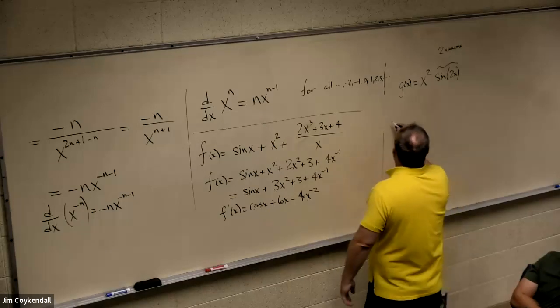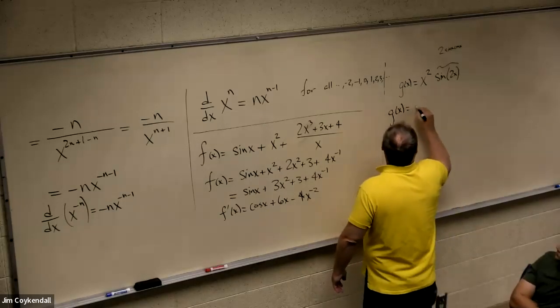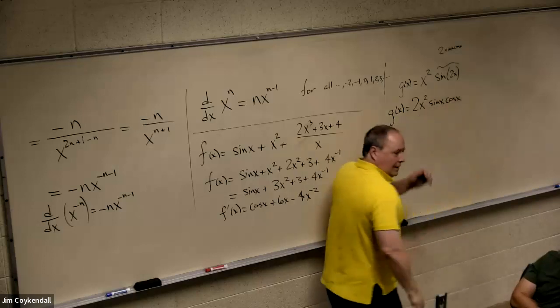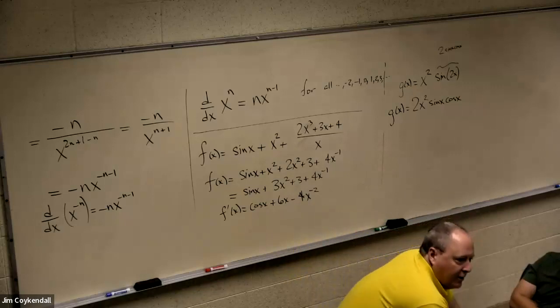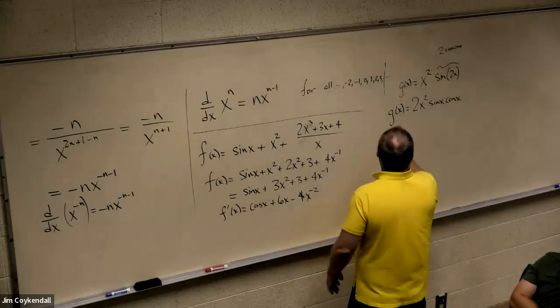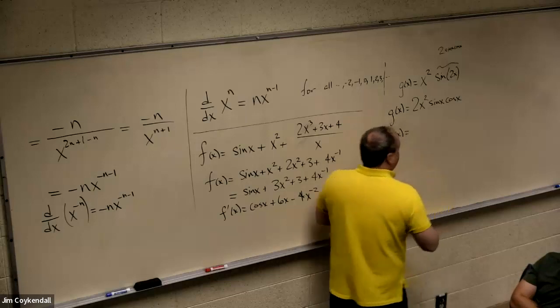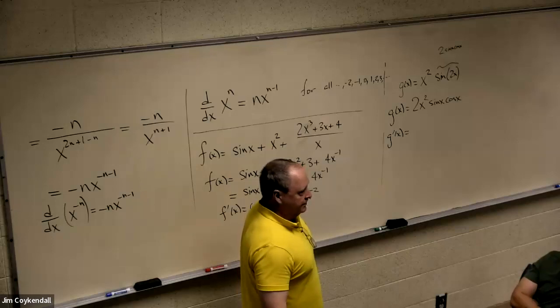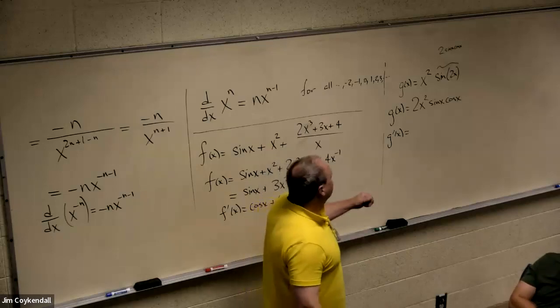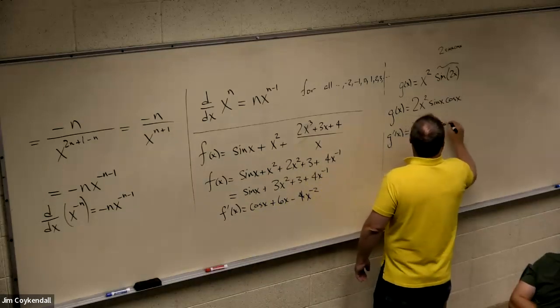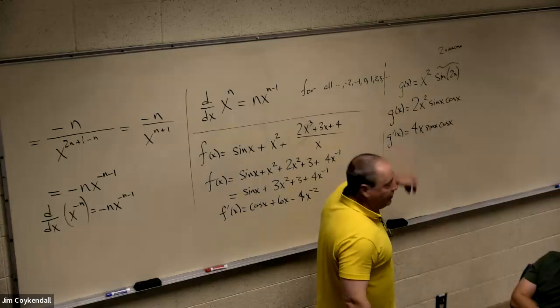So now I've got a product of 3 things. So derivative. So 2x squared to start.